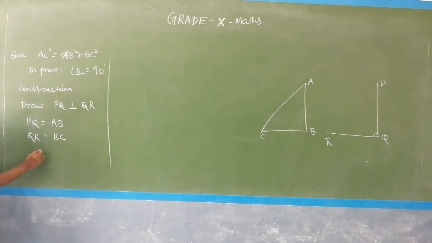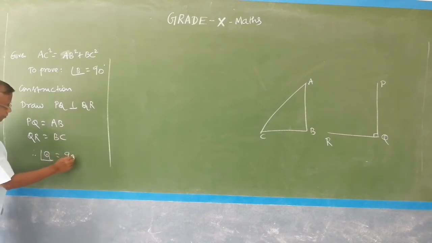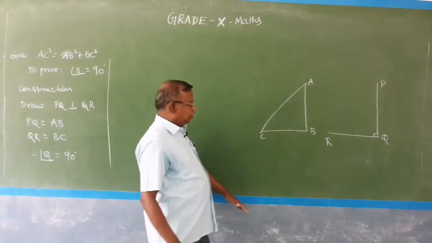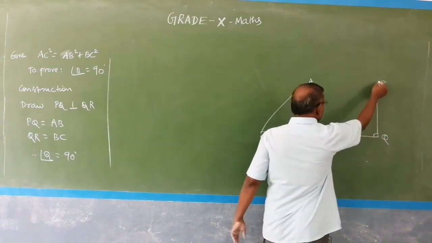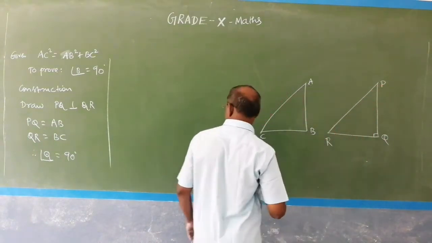Therefore, angle Q equals 90 degrees, because we have constructed two perpendicular lines. Now join PR.